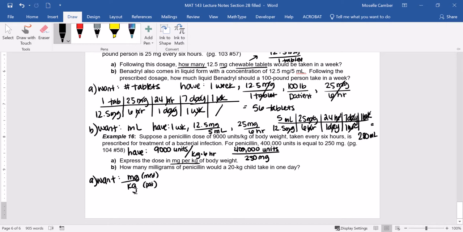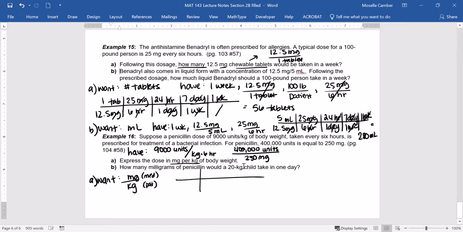So what we want is milligrams per kilogram, so we're going to start with milligrams. What we have for milligrams is here, so we have 250 milligrams per 400,000 units. Now I don't want units in my answer, so I have this 9,000 units per kilogram per 6 hours.